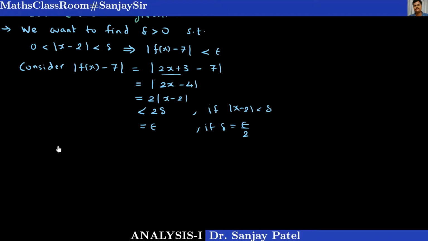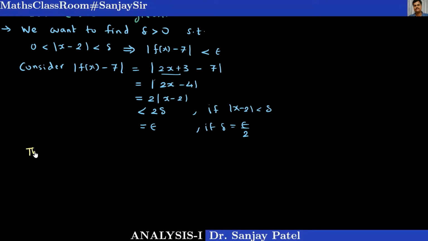So what I have proved here is, thus, given any epsilon greater than 0, there always exists some delta for which that epsilon delta condition is satisfied.